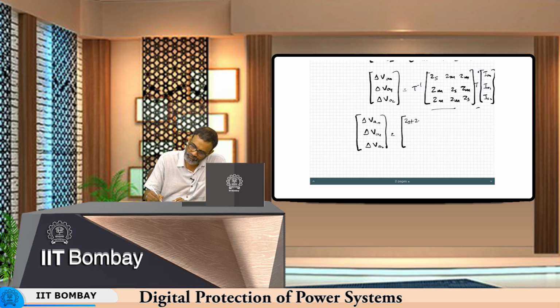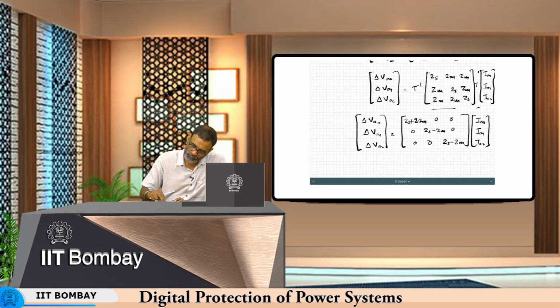You will get Zs plus 2 Zm, 0, 0; 0, Zs minus Zm, 0; 0, 0, Zs minus Zm, into IA0, IA1 and IA2.